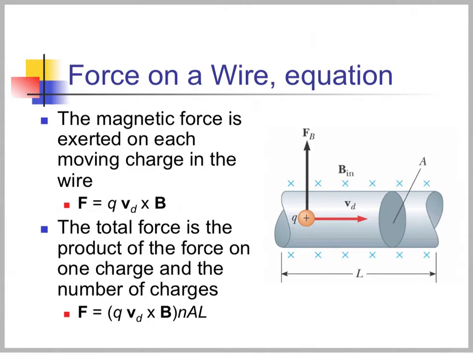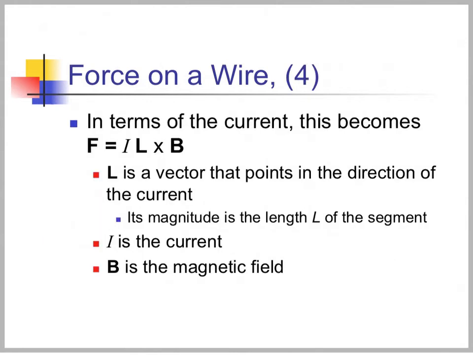So Q v_d cross B is the force on one charge. Little n, remember, is the charge density, the charge per volume. A is the cross-sectional area of the wire, and L is the length of the wire that we're considering. So nAL gives me the total number of charges in that little portion of the wire.